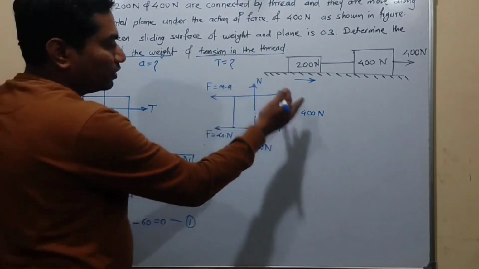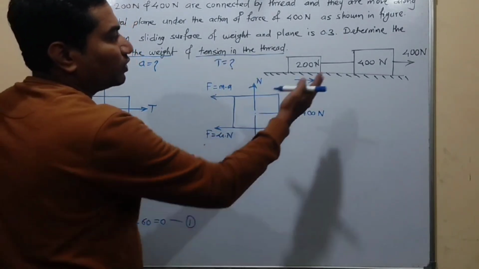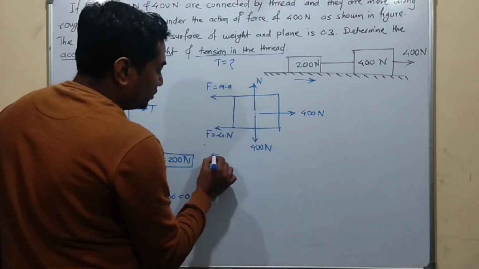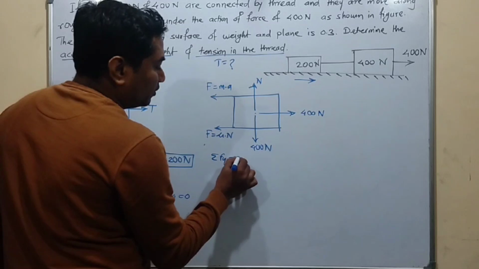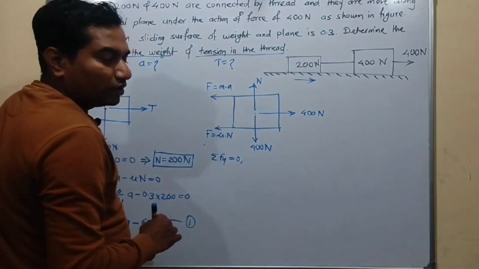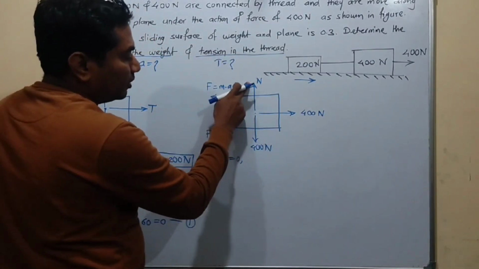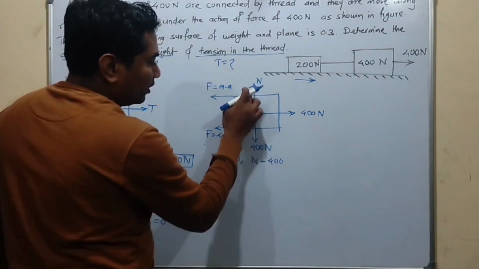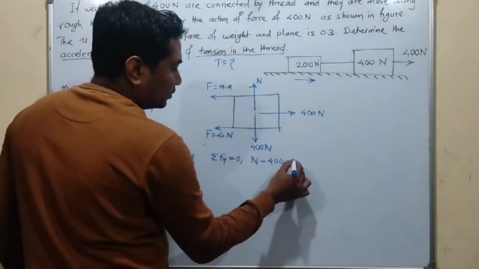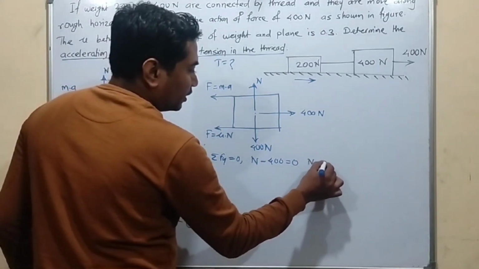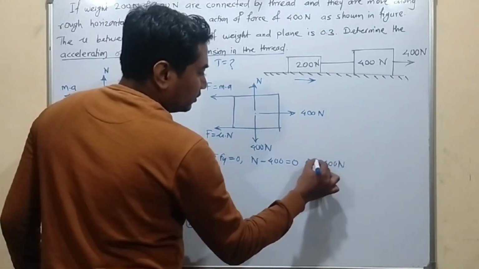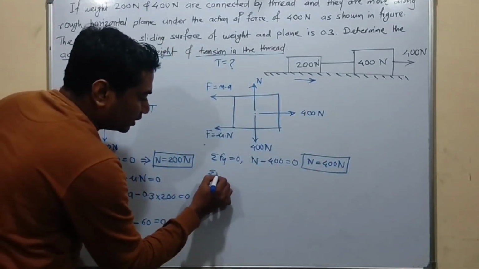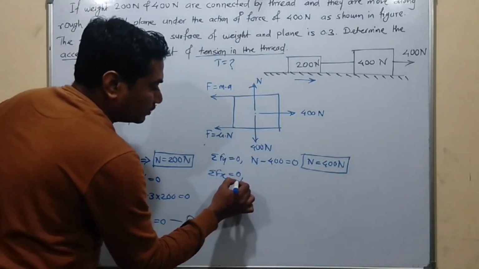So now again we will solve this free body diagram for the second weight. So we will apply the summation of Fy, that is the vertical forces, it should be 0. So vertically upward is positive, vertically downward is negative. So N minus 400 is equal to 0. So from this we will get N is equal to 400 Newton. Then we can take the second condition, summation Fx is equal to 0.